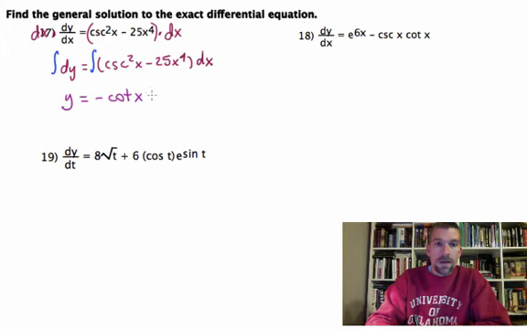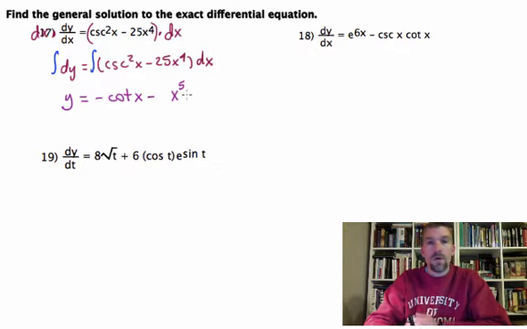Okay? The other part there is 25x to the fourth. So remember that we're going to have something x to the fifth. And so when you look for that antiderivative, just think to yourself, 4 plus 1 is what? That's 5. So 5 times what number is going to be 25? In this case, it's 5.